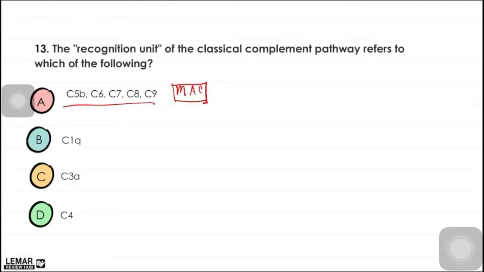Okay, we have your C3a. C3a acts as a natural substrate for C4b2a, while your C4, along with C2, is part of the classical complement pathway.